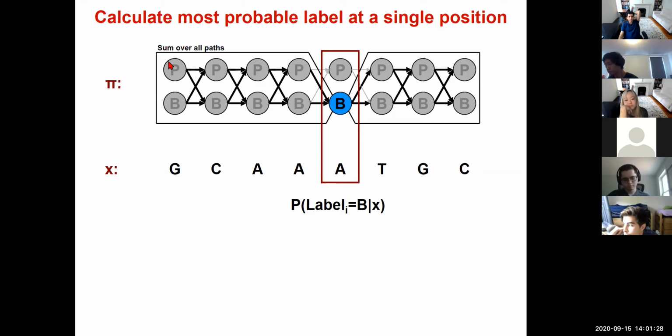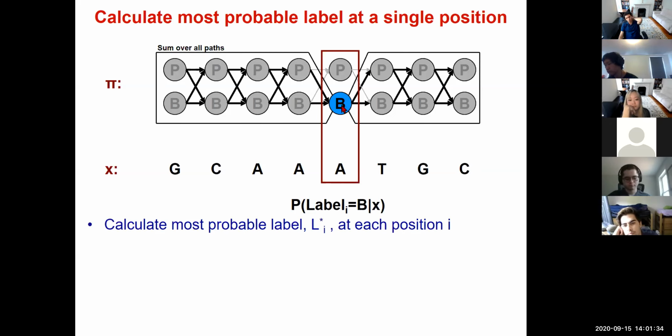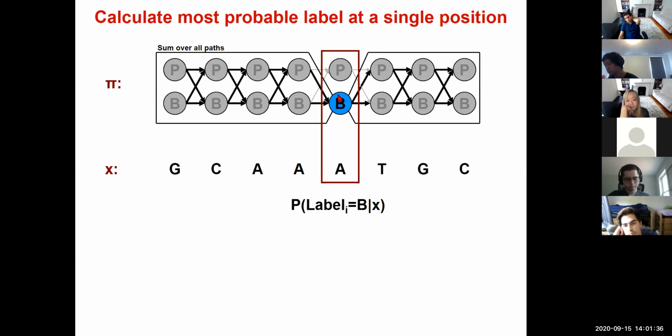So basically, I already know how to compute all of this summed ending up here. So in order to calculate the posterior probability of being in state B at that location, I can sum over all of the paths and end in B. But then I also want to do the sum of all of the outgoing paths.